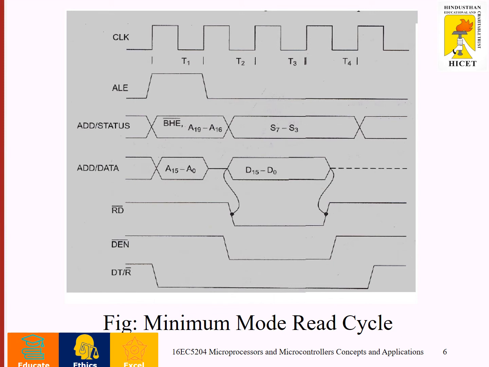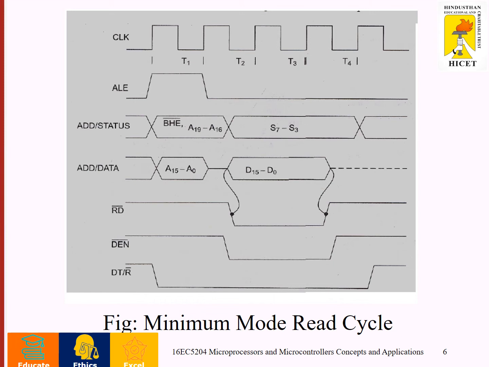The address latch enable, ALE, is 1 when the multiplexed address data bus contains an address. If it goes low, the multiplexed address data bus contains data. ALE is initially at one level for one clock T state.